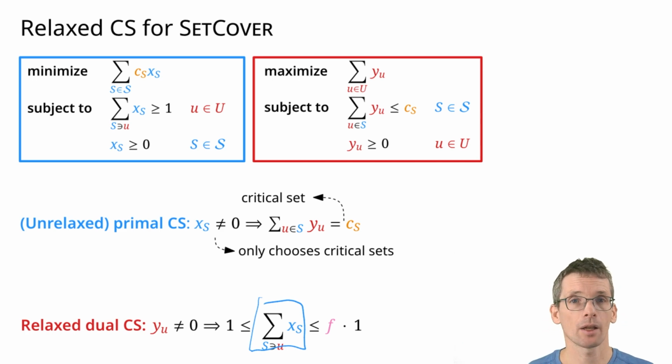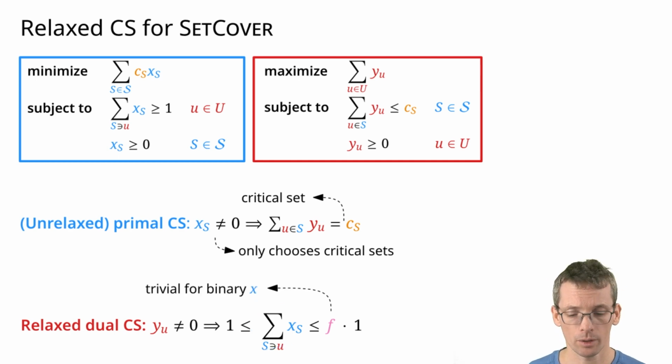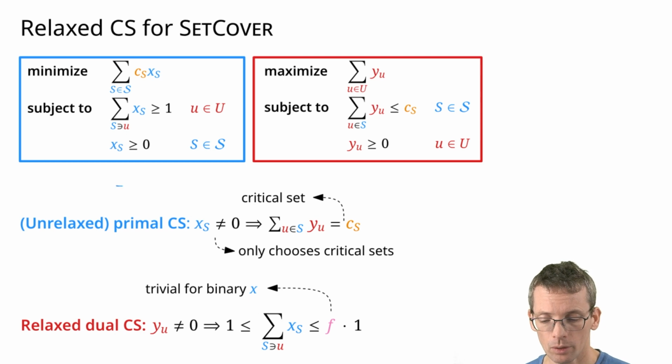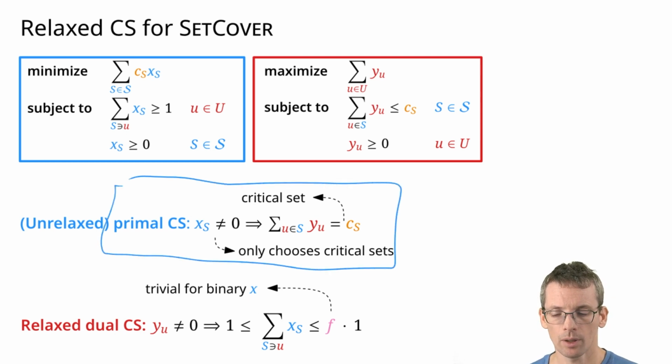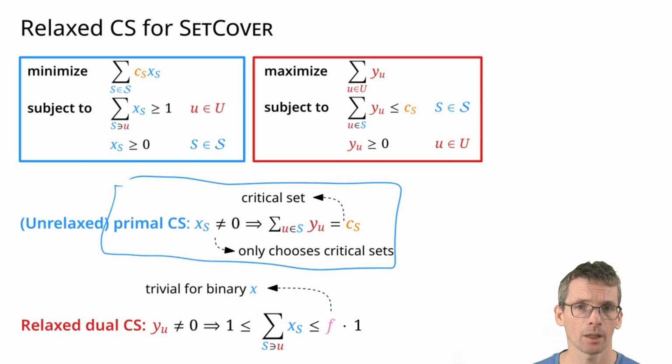But this sum only contains at most f summands, each of them being at most 1. So this inequality holds trivially. Essentially in the dual setting, we get something for free, and we need to make sure to keep the primal complementary slackness. And we'll do so by the following algorithm.